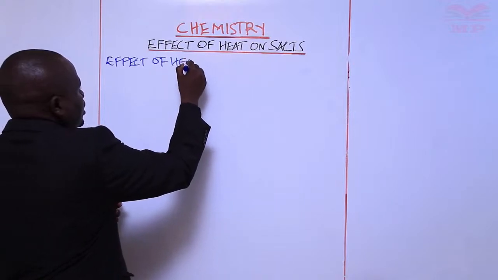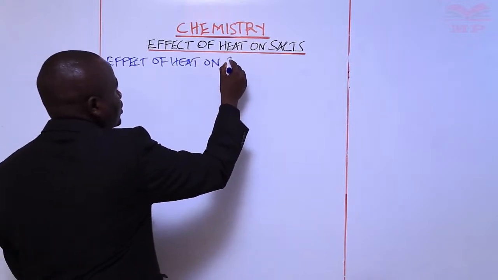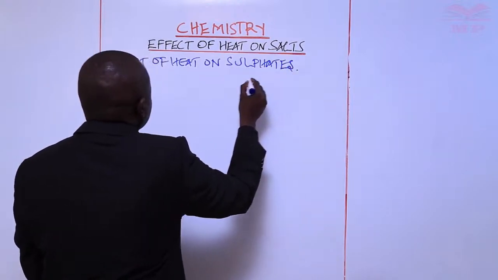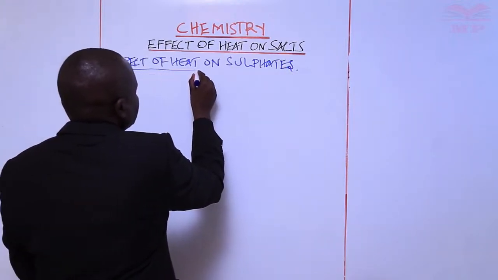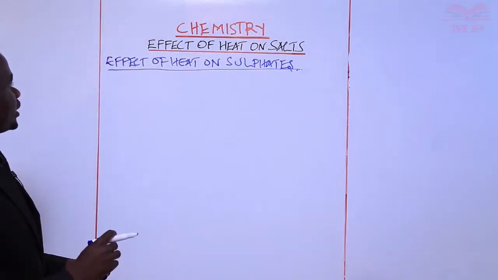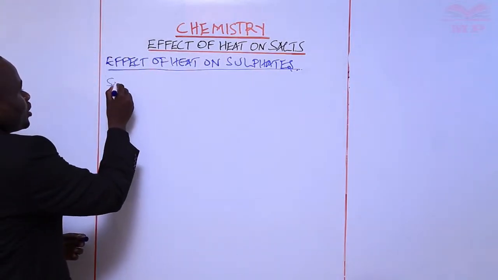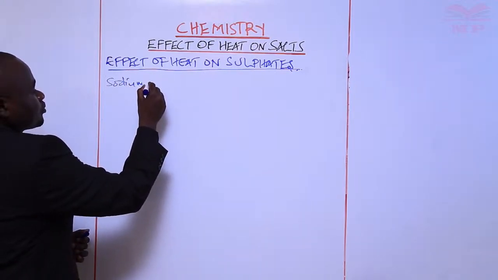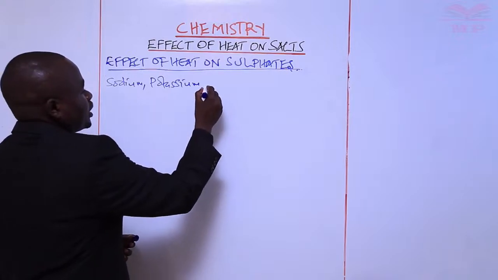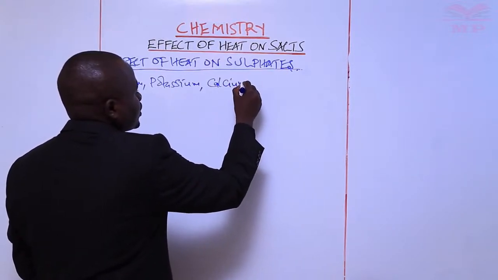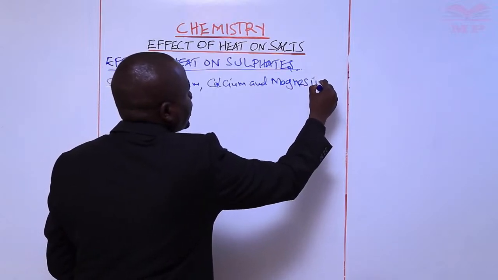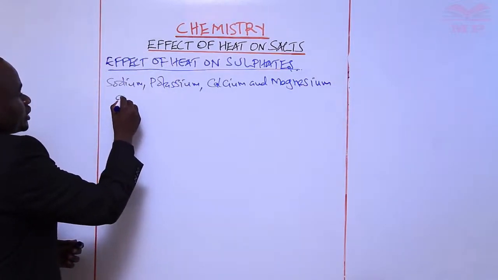So let us look at the effect of heat on sulfates. My dear candidate, I want us to know this, that the sulfates of sodium, potassium, calcium, and magnesium are very stable.